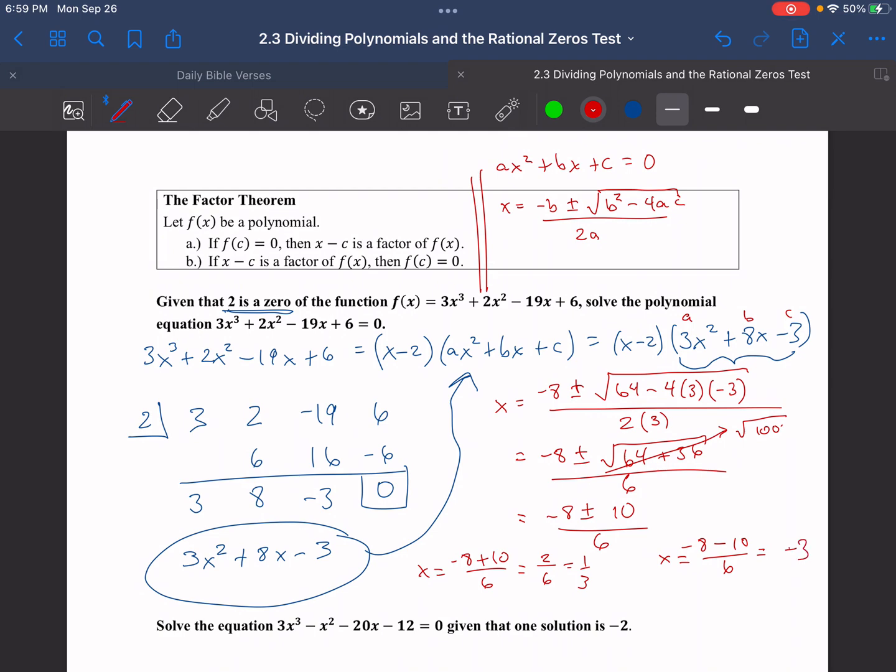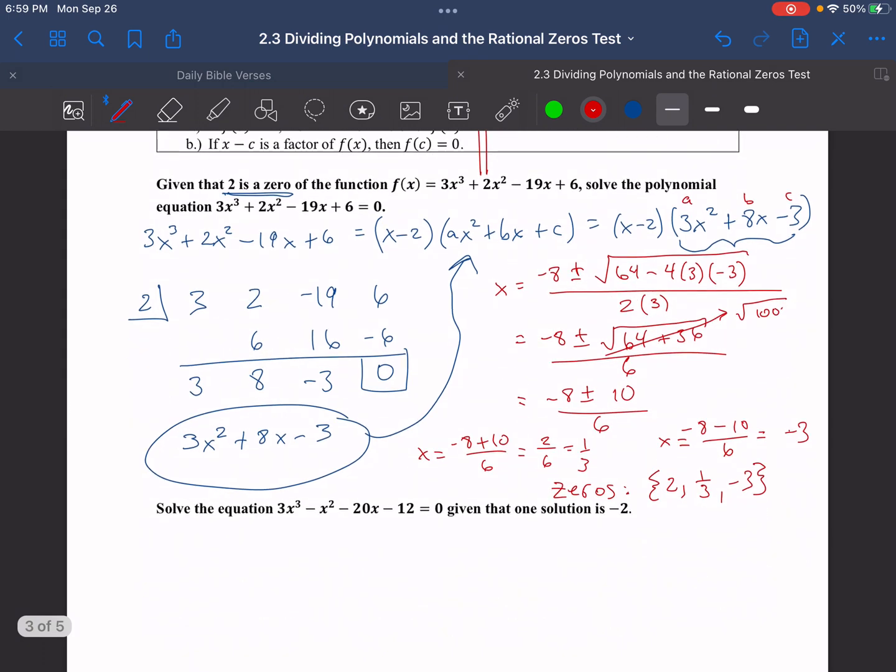So by doing that, we now have all the zeros for the function. And so the zeros are the 2 that was given, the 1/3, and the negative 3. Okay? So we've fully solved this thing. We can factor this whole thing out, and we'll have that whole thing done there. In fact, let me redo that circle here real quick to give myself a little more room.